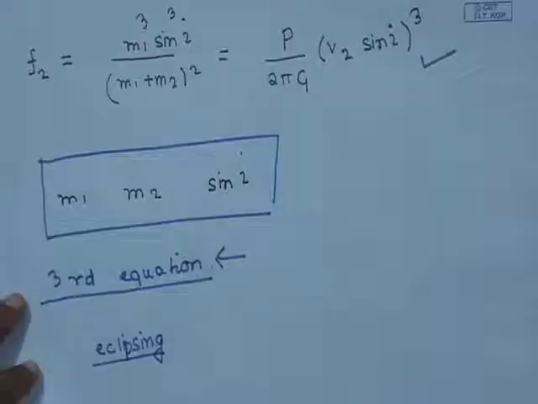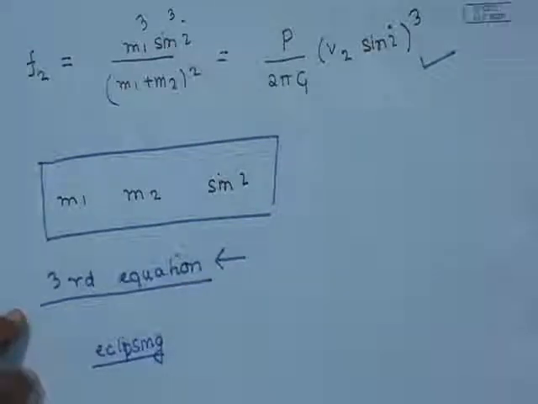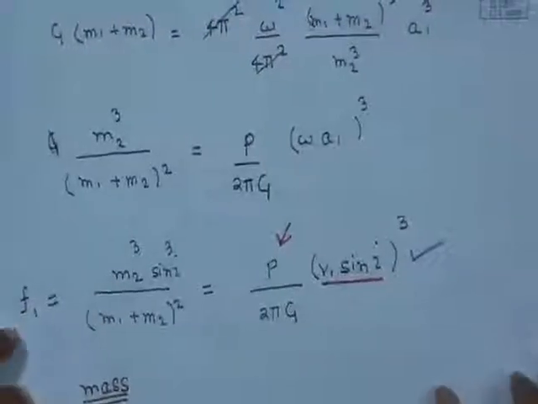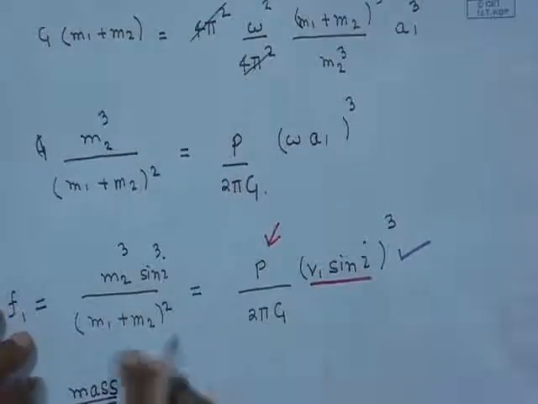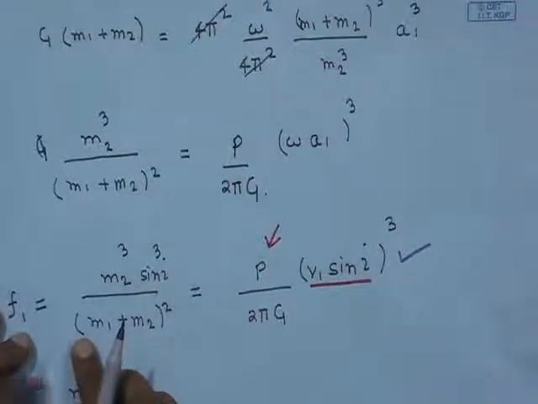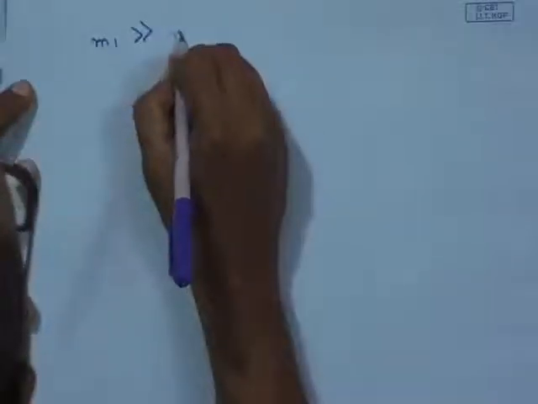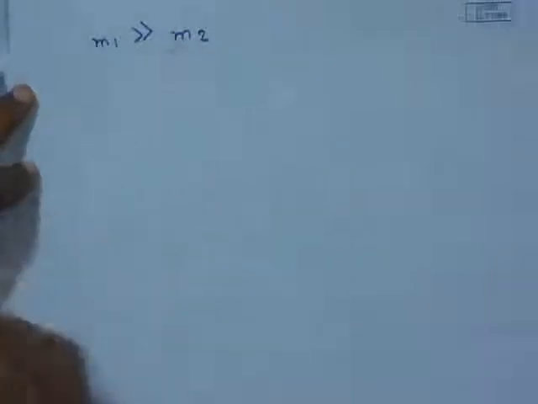So, let me try to give you some insight as to what you can do from just a spectroscopic binary. Next. So, for example, if I have a situation where I know that one of the masses is much larger than the other. Let me just take up an example. Suppose I know that m1 is much larger than m2.